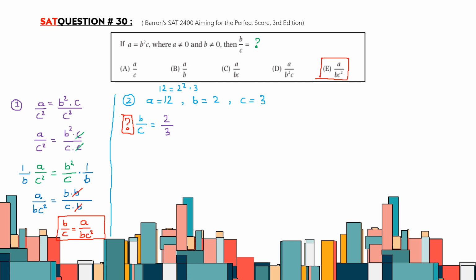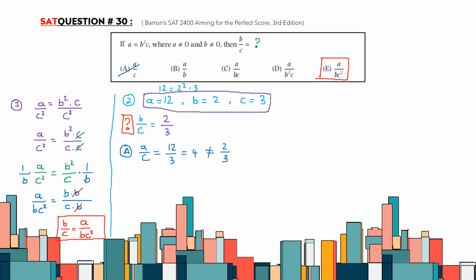Whenever we plug the numbers into each answer choice, and the answer choice gives you 2 over 3, that is the right answer. So let's plug in A. Choice A is A over C, that is 12 over 3, that is 4. This one is different from 2 over 3, so A is not the right answer.